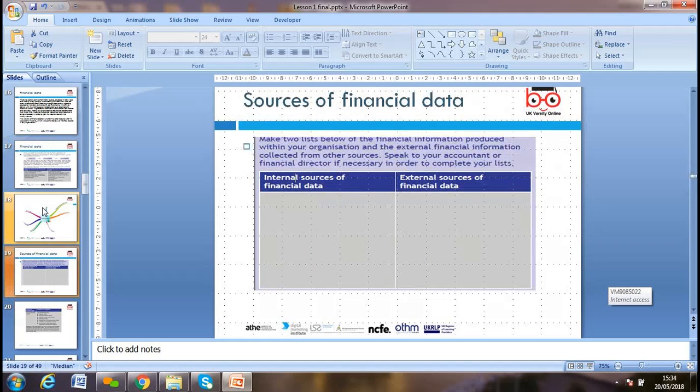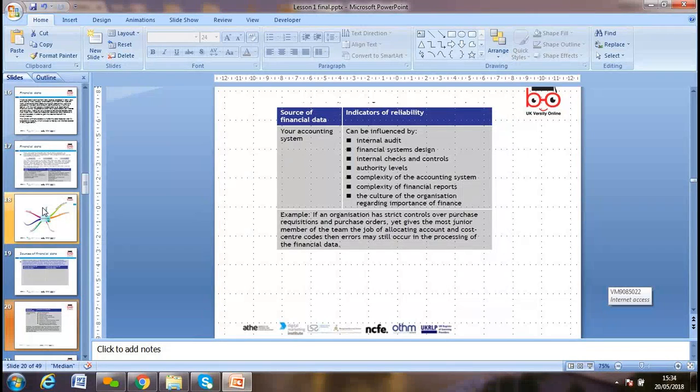External financial data is in the shape of the financial statement. Here, the accounting system can be influenced internally. Indicators of reliability of the data are the internal audit report, financial system design, internal checks and controls, authority level, and complexity of the accounting system. All these help to be controlled.